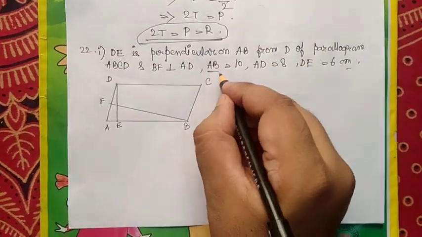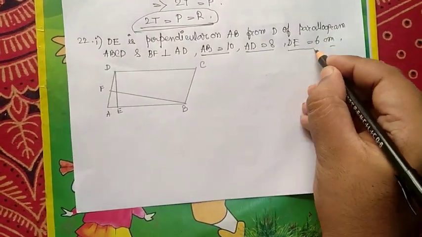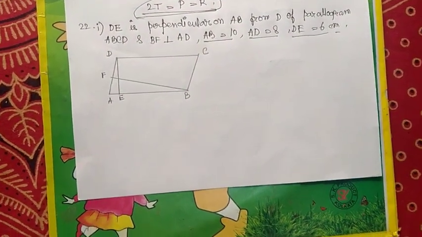We know AB equal to 10, AD equal to 8, DE equal to 6 cm. So we have to find the value of BF.